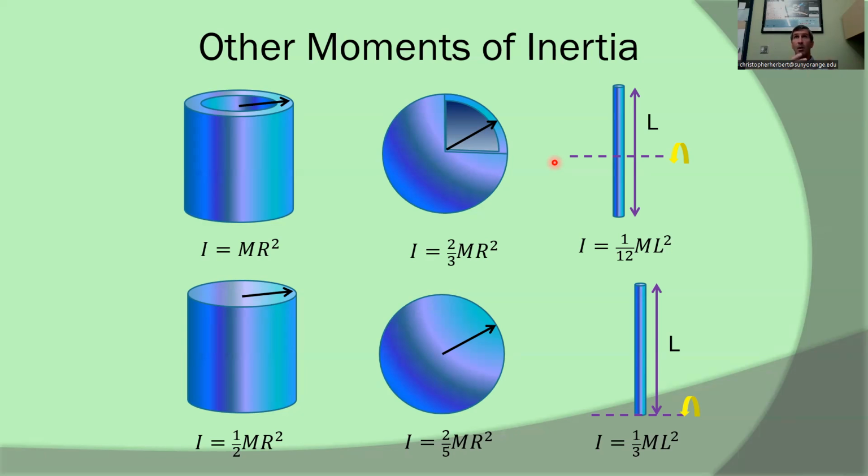Here it's going to become moment of inertia times the angular velocity, which is what we call angular momentum. Rotational kinetic energy is 1/2 I omega squared. We have to know what the moment of inertia is because we need to know not only what the mass of the object is, but how that mass is distributed.